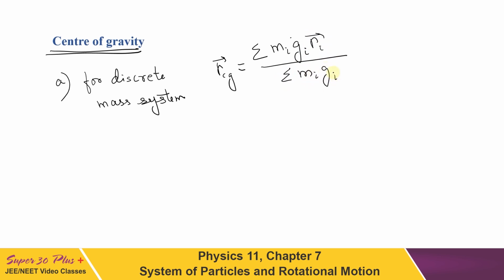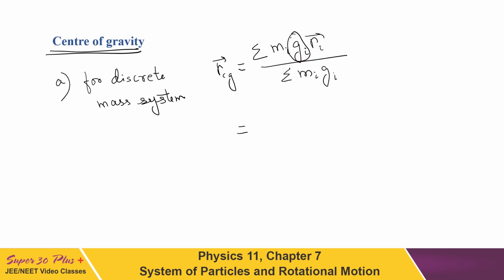Now this will lead to a very interesting result. See, here it is written summation of m_i g_i. What does it mean? Because this term has come as an additional term, g_i is the acceleration due to gravity at different points of the body. Should it be the same for all the points?